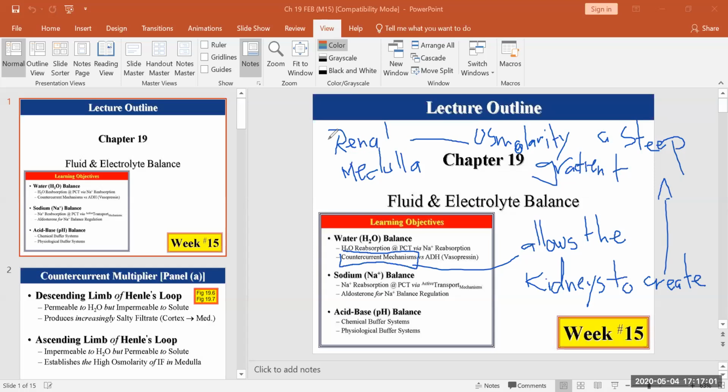So in that renal medulla, starting from the renal cortex and going deep toward the renal pelvis, you have an osmolarity gradient. As you get closer and closer to the renal cortex, the osmolarity is closer to 300 milliosmol.